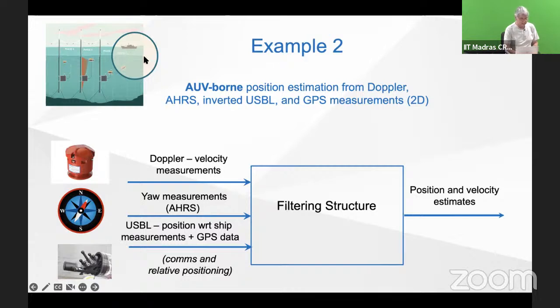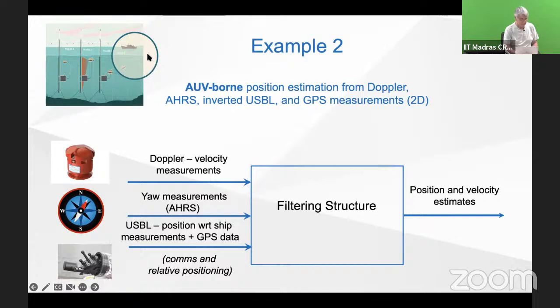So the way this is done, or one of the ways it can be done, is the following. You have a GPS on board the ship. And then you have this fabulous unit that I mentioned to you, the ultrashort baseline, that is capable of measuring the relative position of the underwater vehicle with respect to the ship. So there are many ways you can do this. One way is the ship sends a signal, and the unit underwater is going to reply.